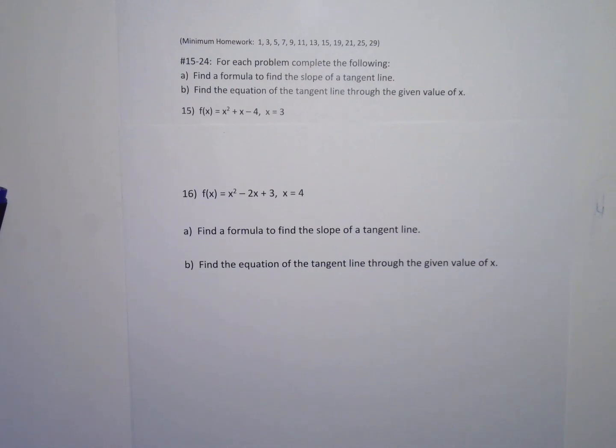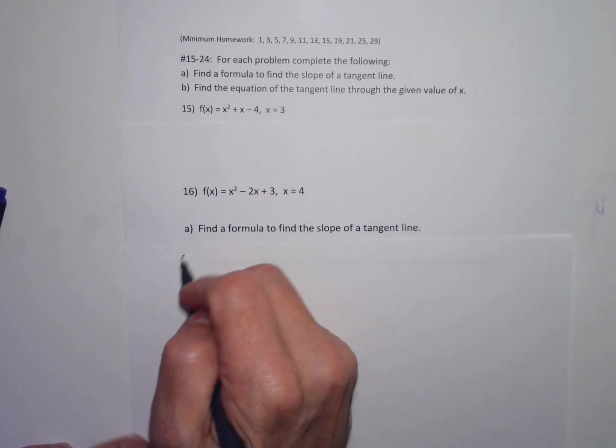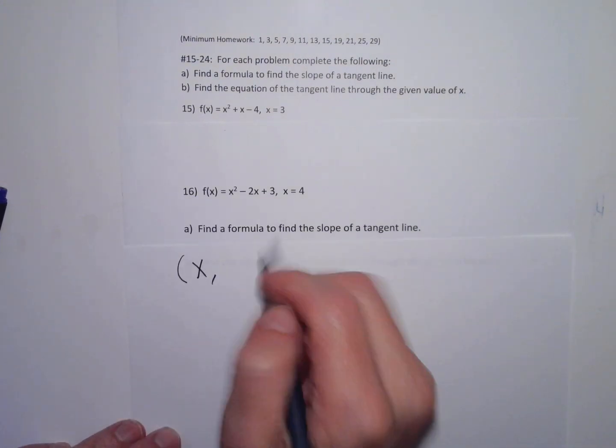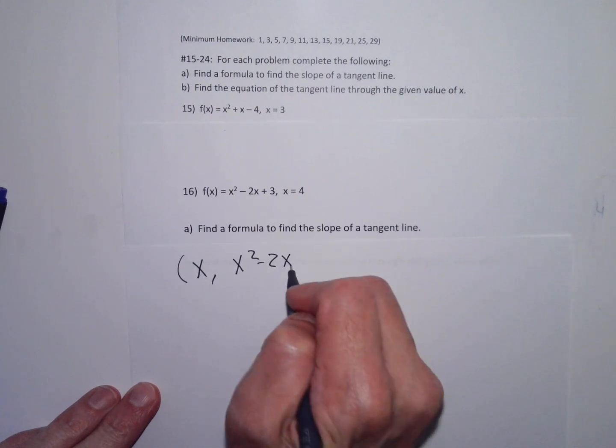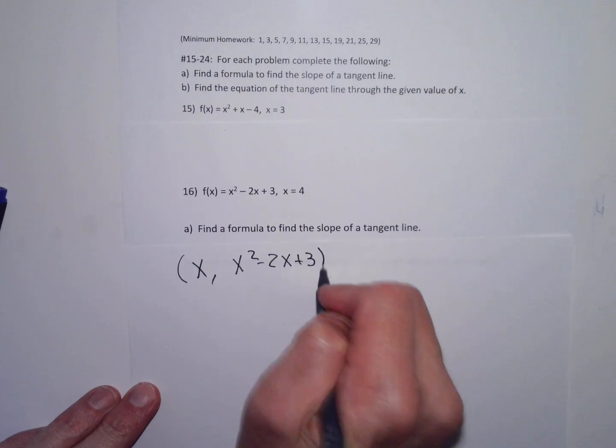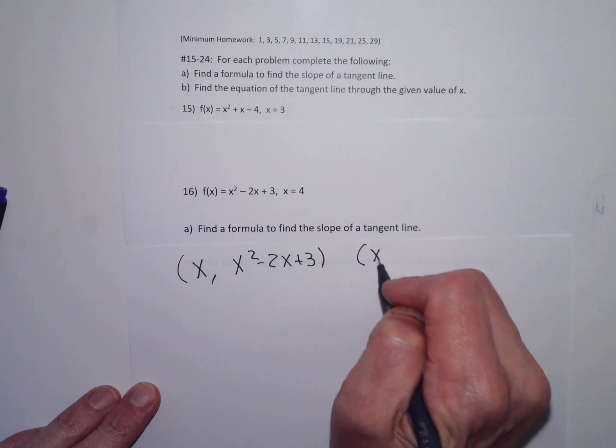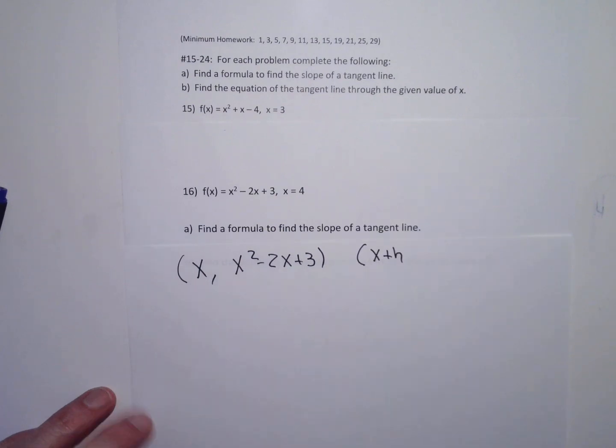To find the derivative in part A, I need to create 2 points. So as I go to do part A, my first point, its x coordinate's going to be x, its y coordinate's going to be x squared minus 2x plus 3. My second point, its x coordinate's going to be x plus h, and I need to do the side work to get the y.